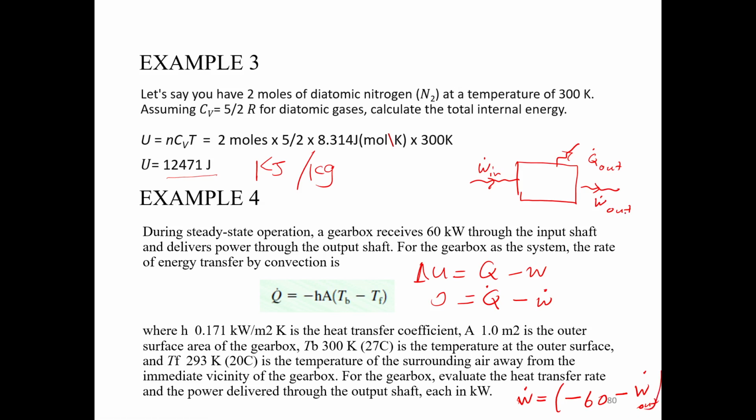Then if you substitute this equation in here, let's say this is A, the only unknown is the W dot out. Then you can figure out what the W dot out is. That's how we can work on this equation.